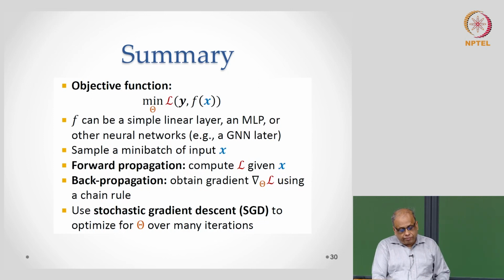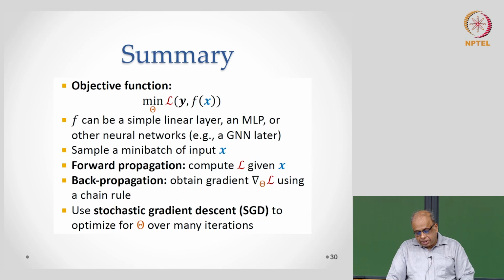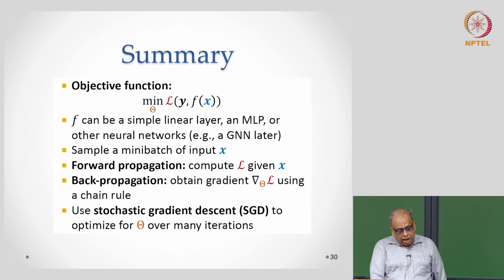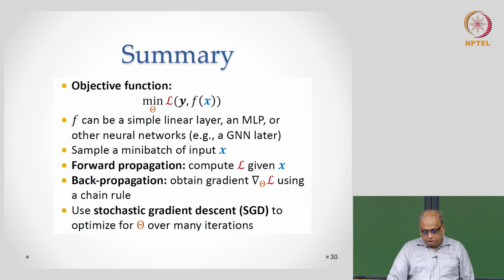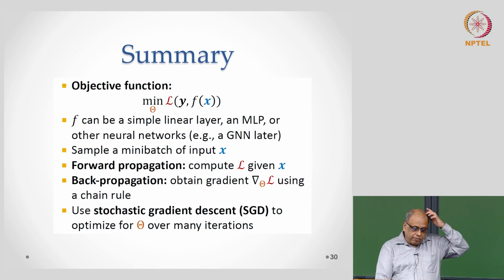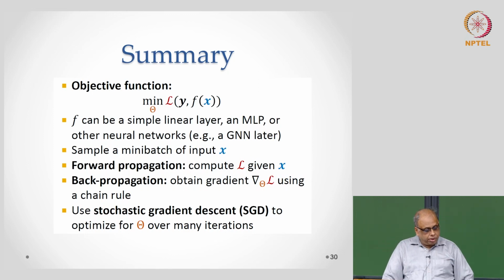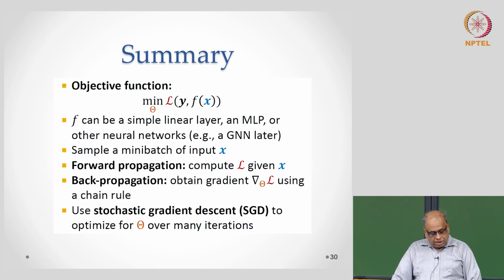So you have a sample of a mini-batch of input x, you have the forward propagation, then the backward propagation which goes back, and then you have SGD for the optimization. So that is in summary how a neural network works.